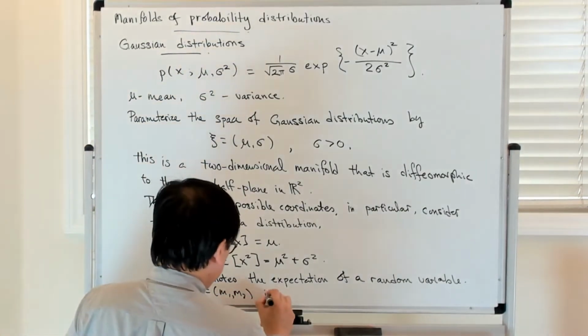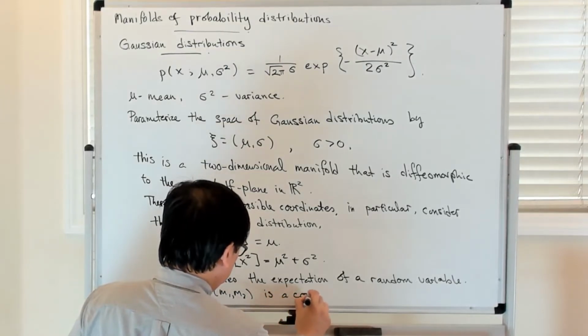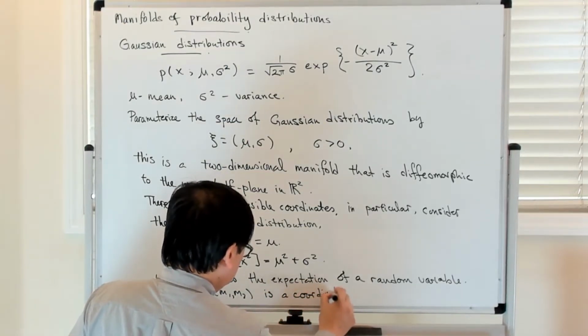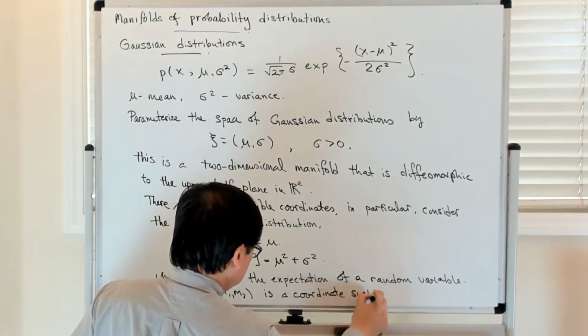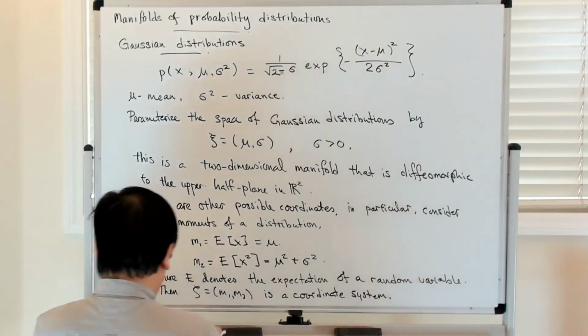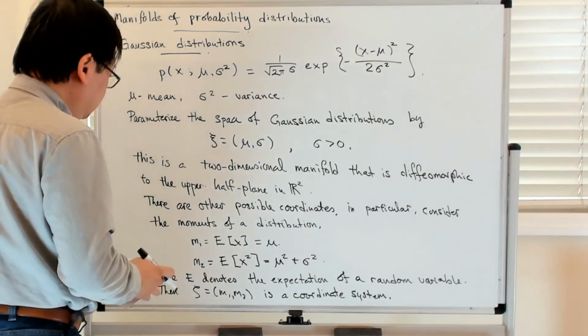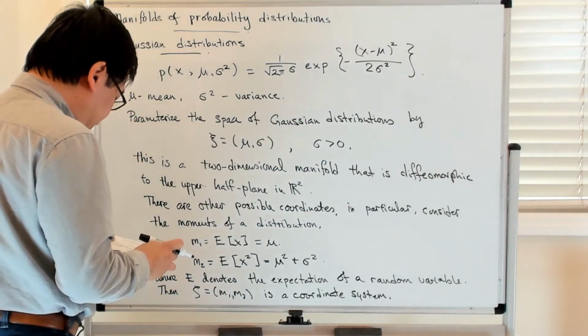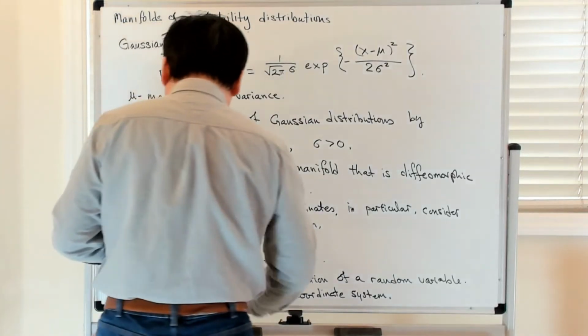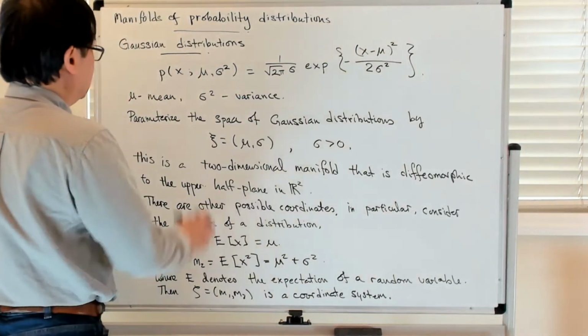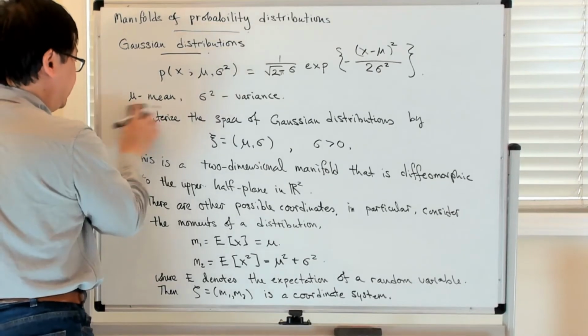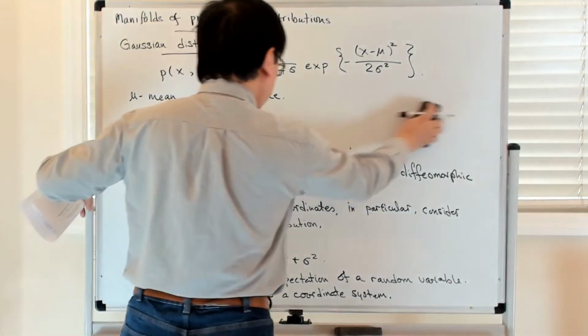It's a coordinate system as well. So there's one other choice, which we denote by theta. I'm just going to leave the definition of the Gaussian here.